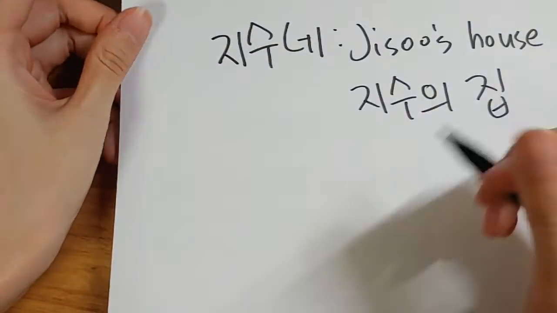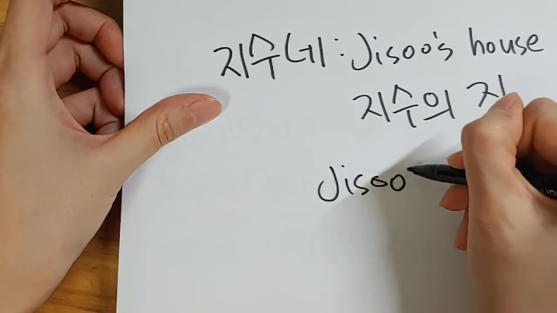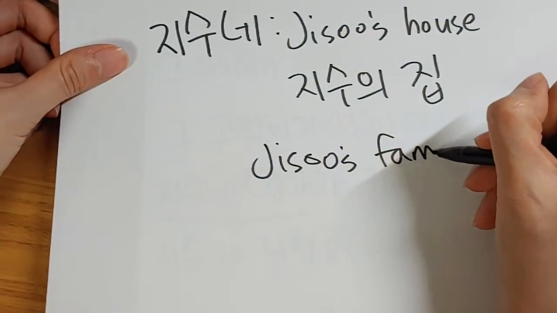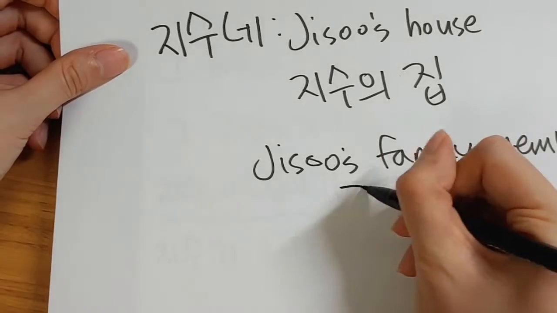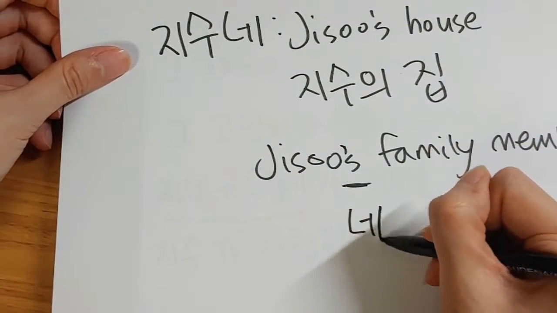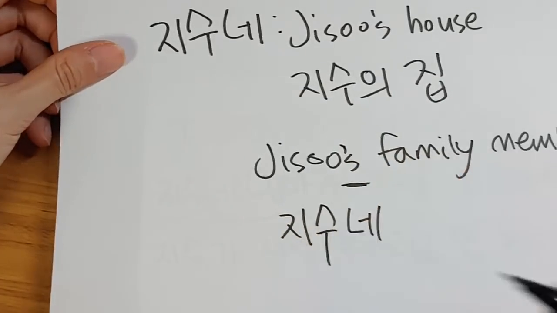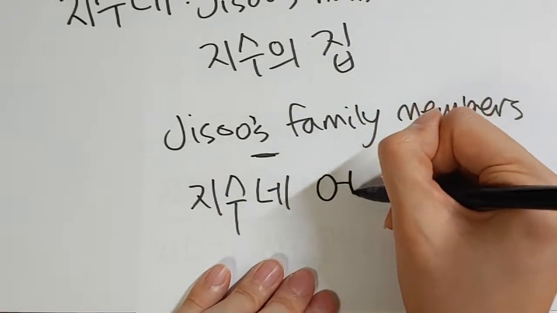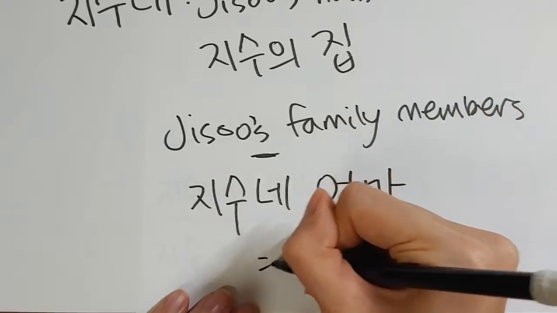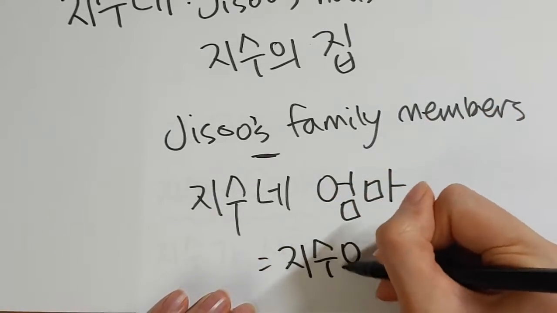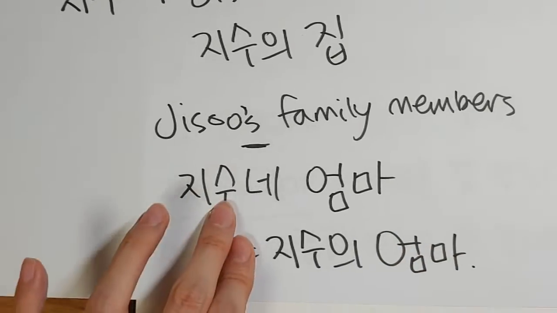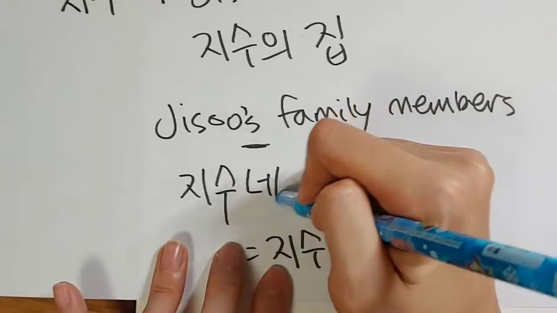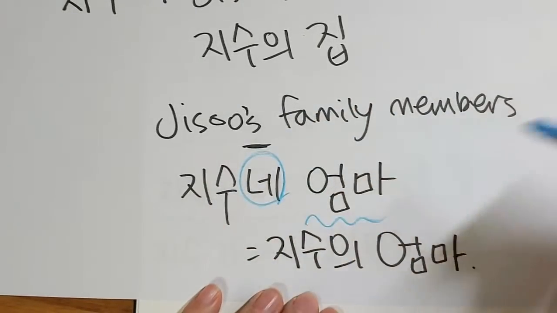But when you say Jisoo's family or family members, you can also use 네 for the possession marker. So 지수네 엄마 is the same as 지수의 엄마 because it's a possession particle, but it sounds more natural to say 지수네 here because you're talking about someone's family member.